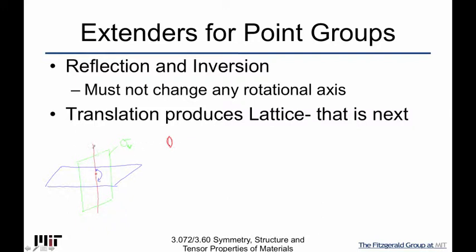And if I were to look down on this with my eye, looking down this way, what I would see is that I would have a line passing through there, right?